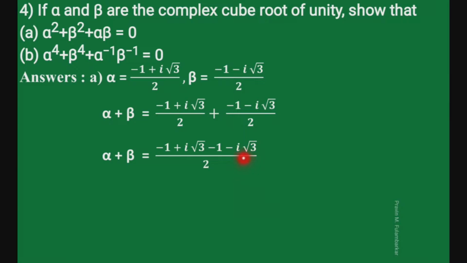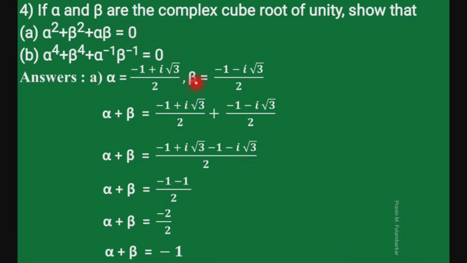Here I root 3 and minus I root 3 are same but with opposite sign, so these two terms get cancelled. So we get minus 1 and the denominator is as it is. We add minus 1 with minus 1, we get minus 2 and denominator again as it is. So minus 2 upon 2 we get minus 1. In this way we first calculate alpha plus beta, which is equal to minus 1.